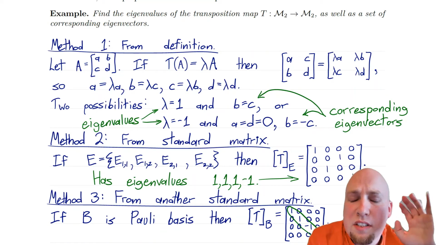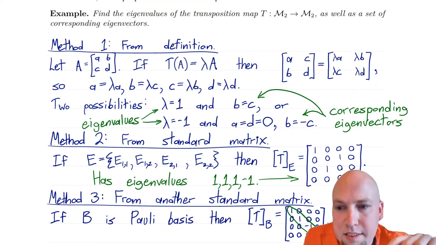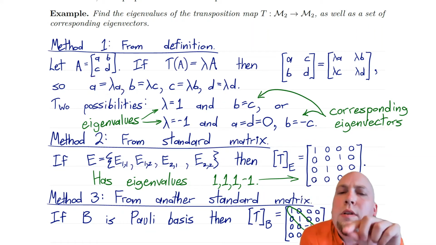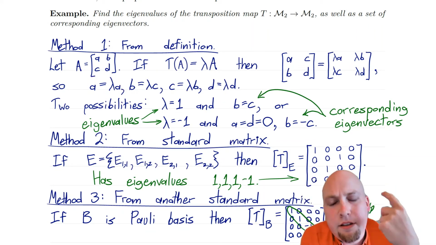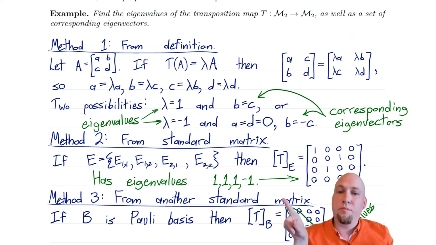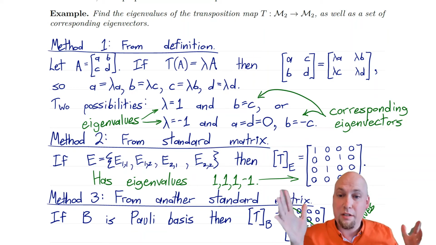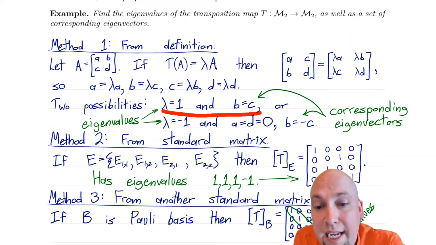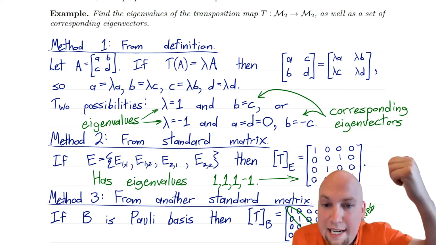And if you go through and solve that, there are only 2 possibilities, okay? If you focus on this first equation, for example, A equals lambda A, the only way that can be solved is either lambda equals 1 or A equals 0. Then you split into 2 cases from there and you can solve the rest of the equations fairly simply. In the first case, if lambda equals 1, D equals lambda D, great, that's satisfied.